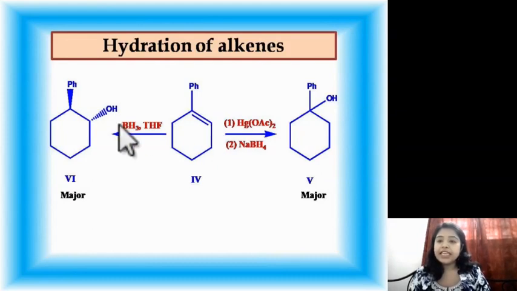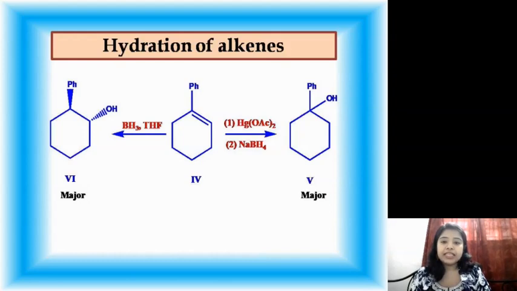In the case of BH3·THF, OH is getting added to the carbon which does not have the phenyl group, and in the case of Hg(OAc)2 and NaBH4, the OH is getting attached to the carbon which contains the phenyl. So these two isomers are obtained with 100% yield, and these reactions are regioselective in nature, since there is one functional group and there is site selectivity within the same functional group.